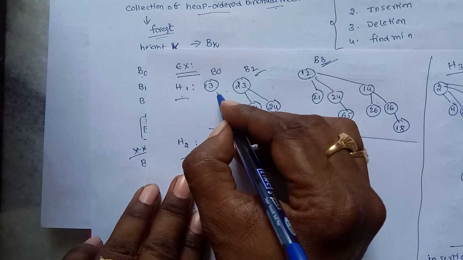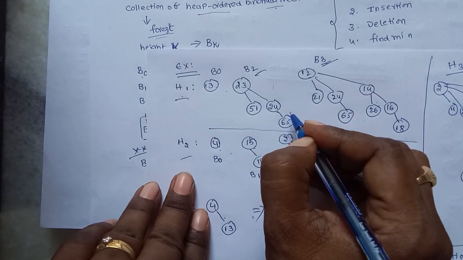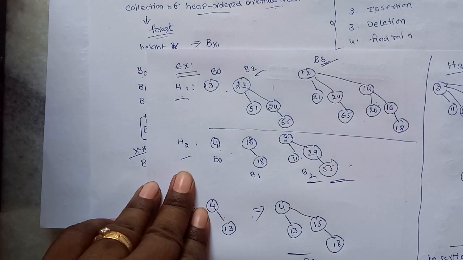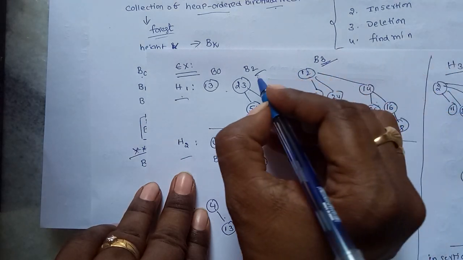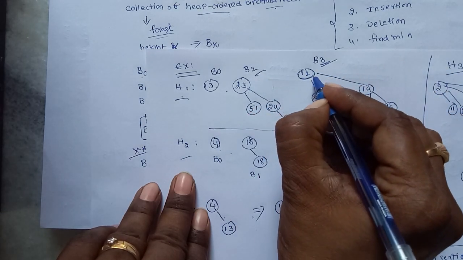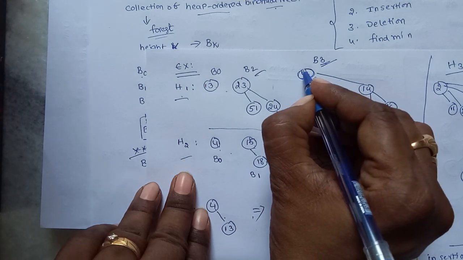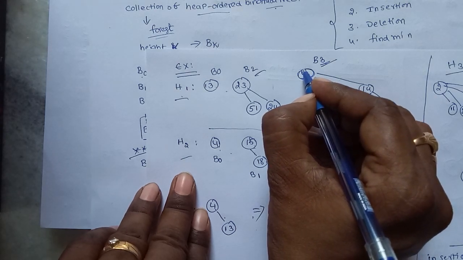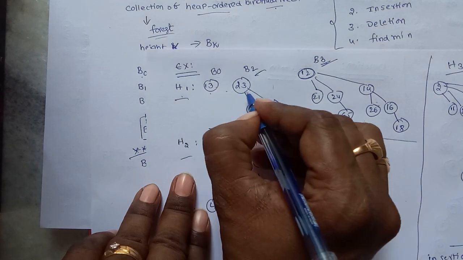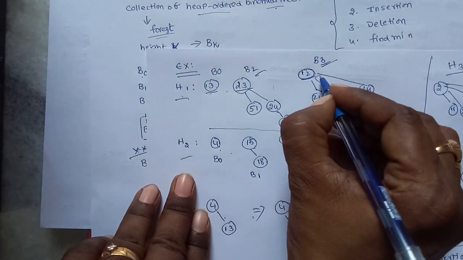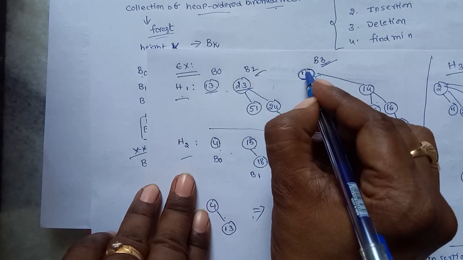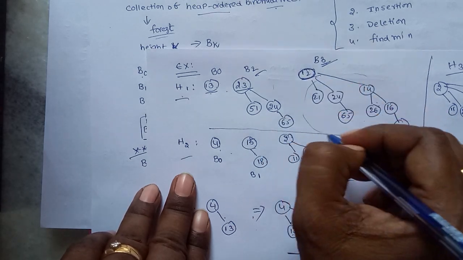Remember, every tree maintains the heap ordered property. If you are using a min heap, the minimum element is always at the root. So simply compare the roots of all the trees. 13, 23, 12 are compared, because this 12 is smaller than the remaining elements.